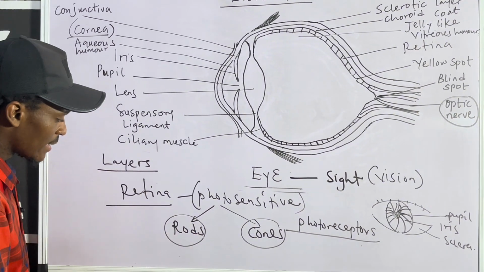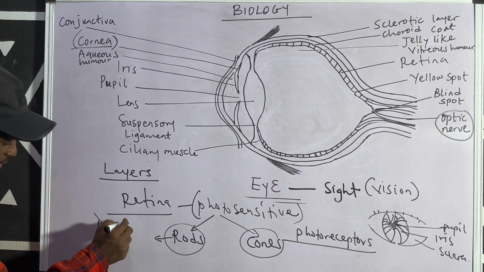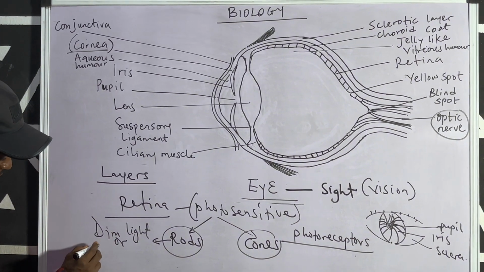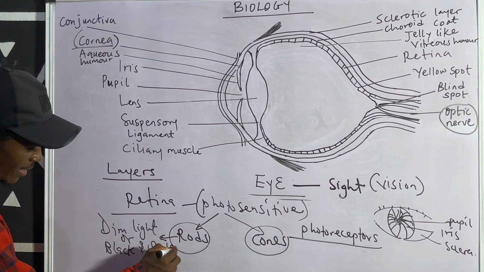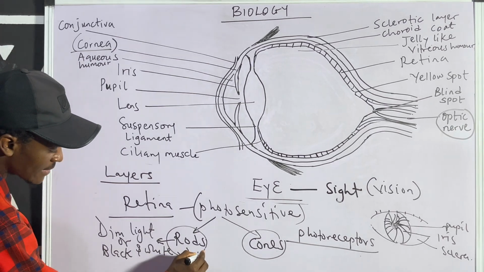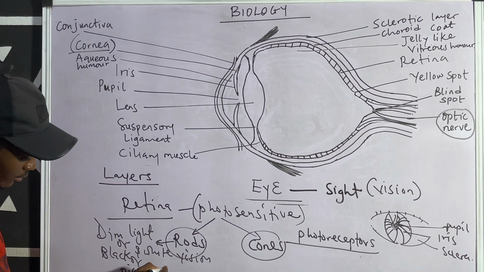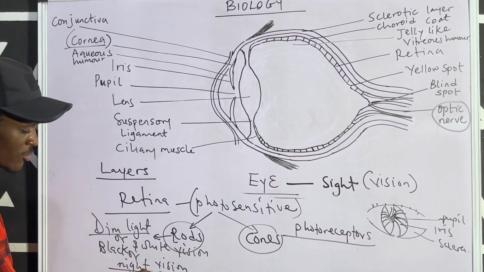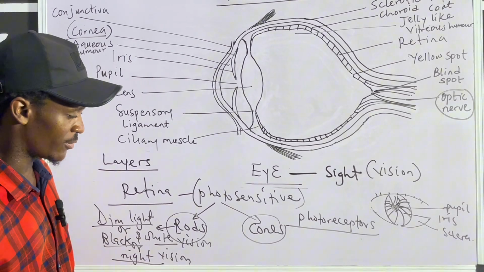The rods, they are sensitive to dim light, or you can say black and white vision, or you can say night vision. All right, or vision of the night. So the rods, they are for dim light, night vision, or black and white vision. All right, or you could say colorless vision.